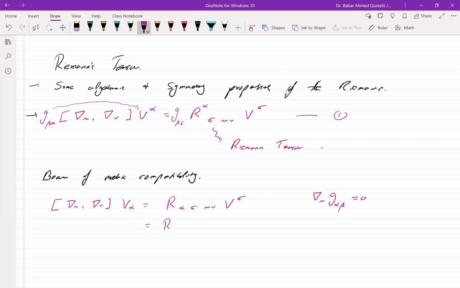So if you like, you can write it this way, because we can change the order of the contraction.